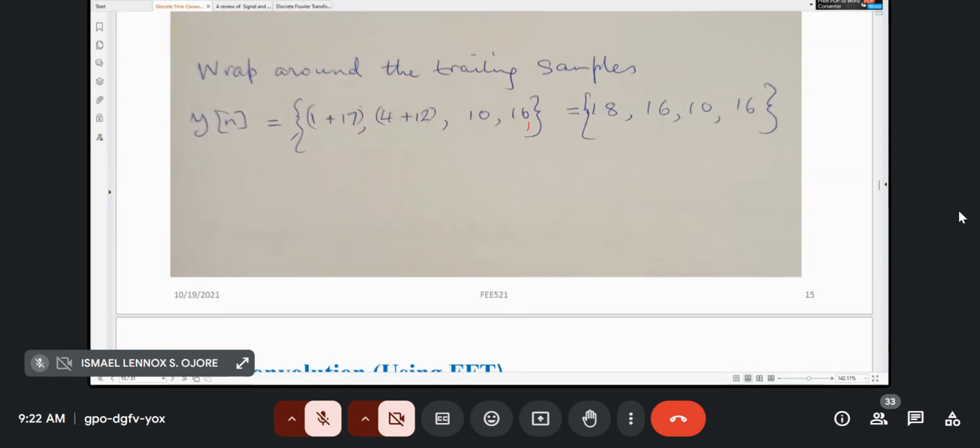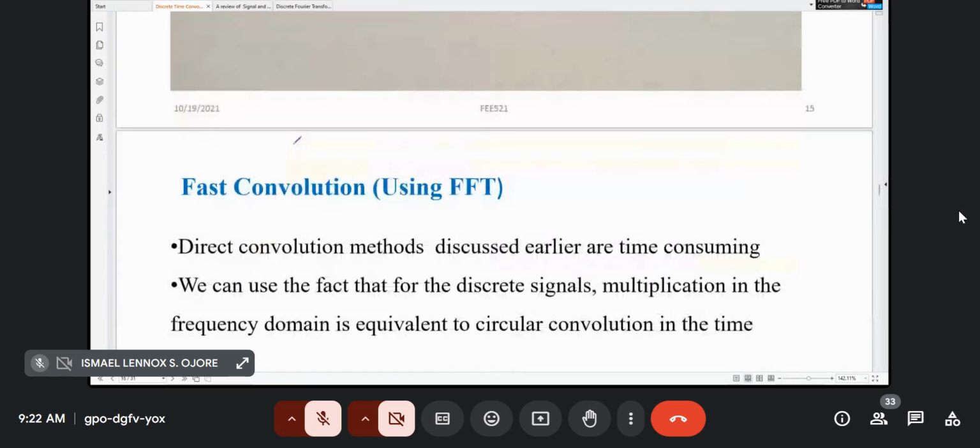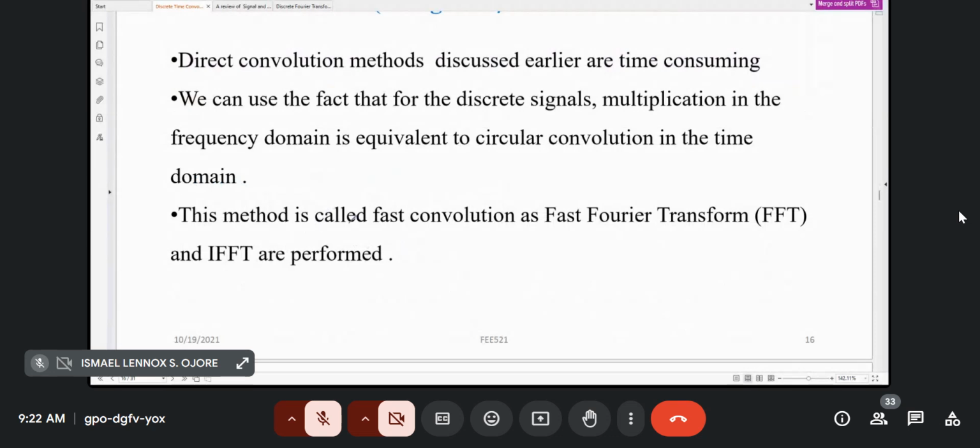And we are going to see this wraparound just in a moment, especially when you're using the method of doing fast convolution. So fast convolution means doing FFT. The whole idea is you have a very long sequence, a long block, you want to do convolution.